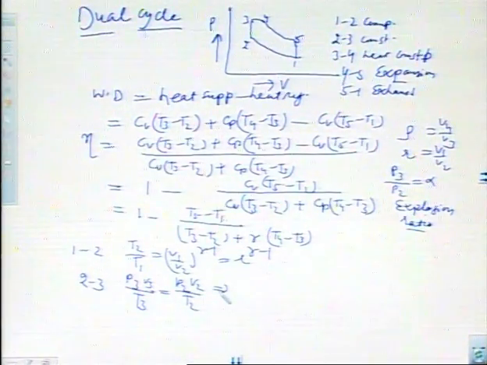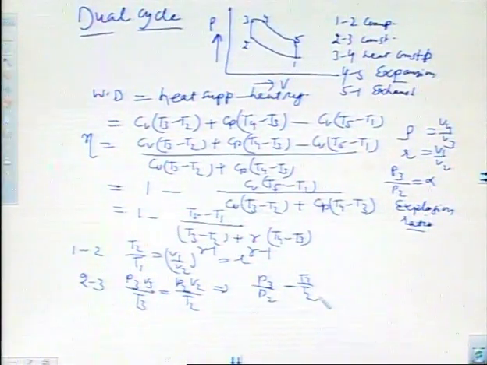This is further equal to, as the volume remains constant here, we can write P3 by P2 is nothing but T3 by T2. From the first equation, T1 is equal to T2 by R gamma minus 1. This is our first equation.